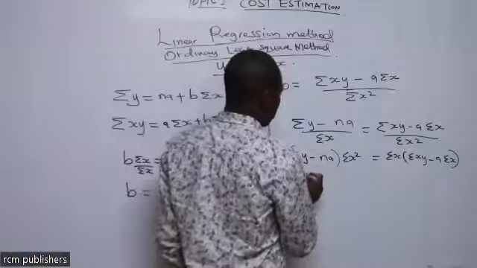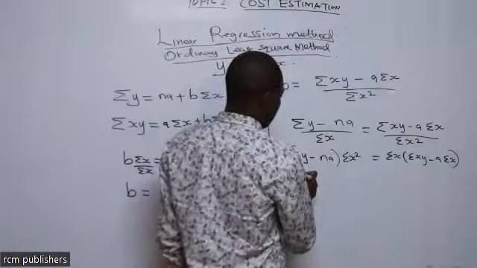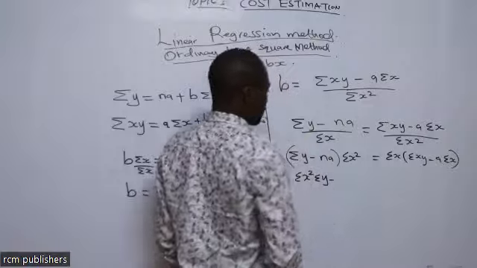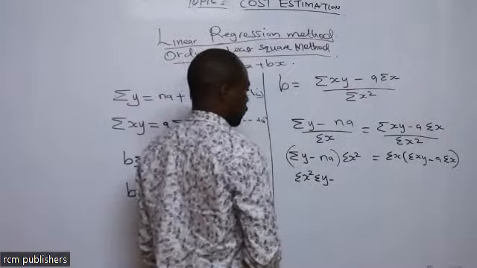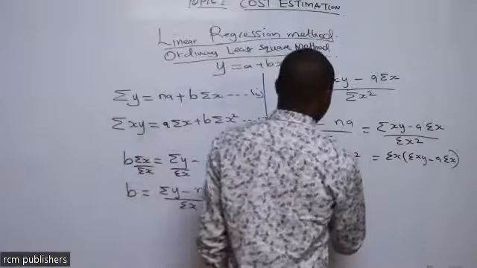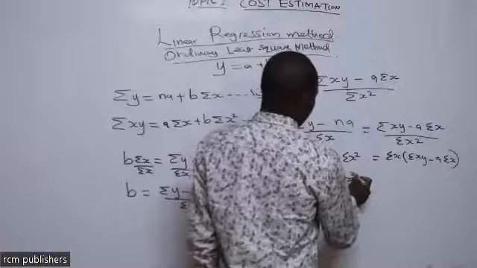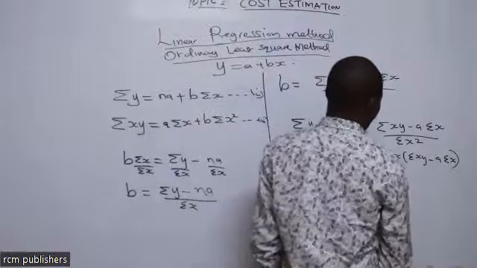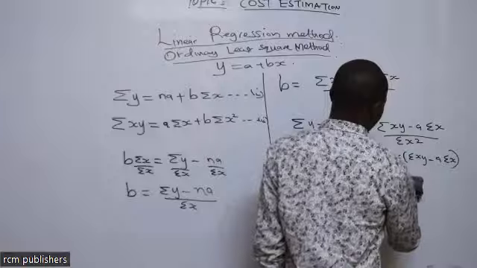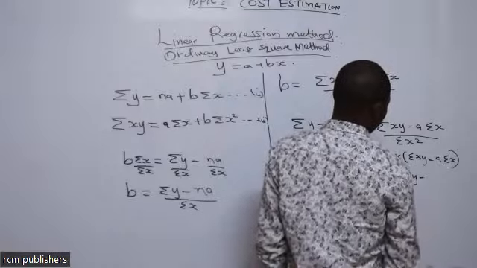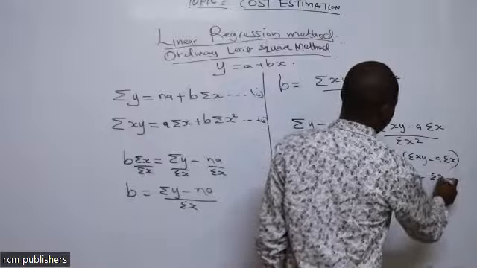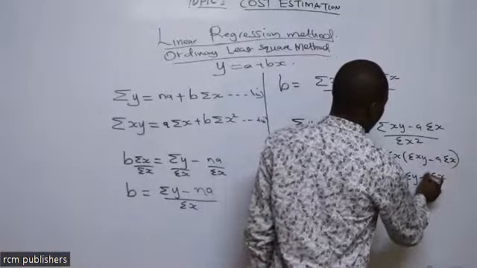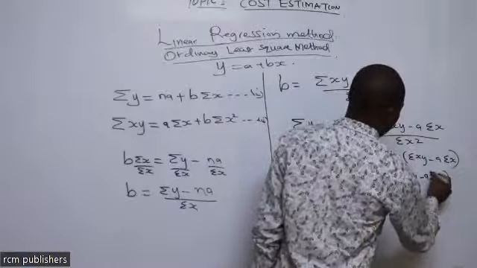So we are going to have summation of X squared summation of Y minus summation of X squared NA is equal to summation of X summation of Y minus summation of X times summation of X, which will now be A summation of X squared.